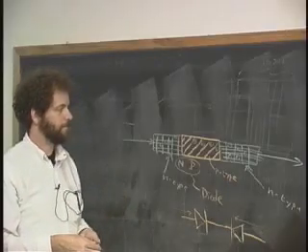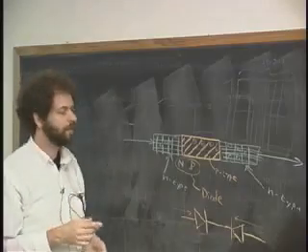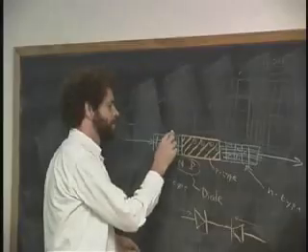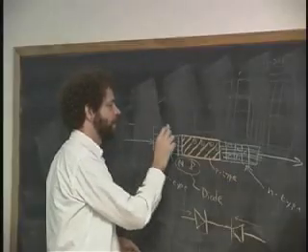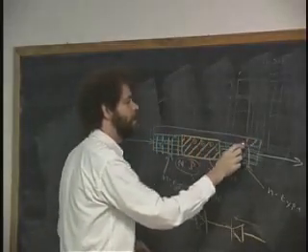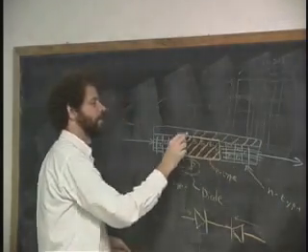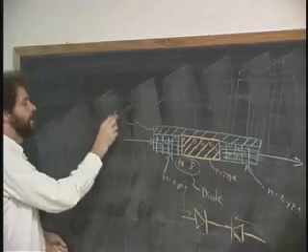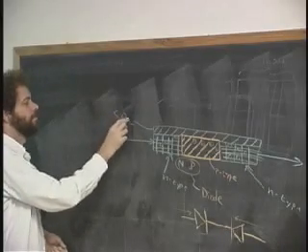Okay. But guess what? You can make the switch close. And here's how you do it. First of all, you cover the whole thing with a layer of silicon dioxide, which is glass, a beautiful insulator. So this is SiO2. Glass.